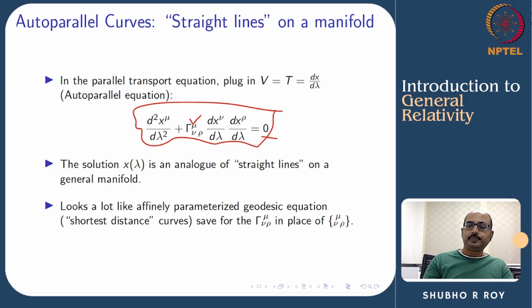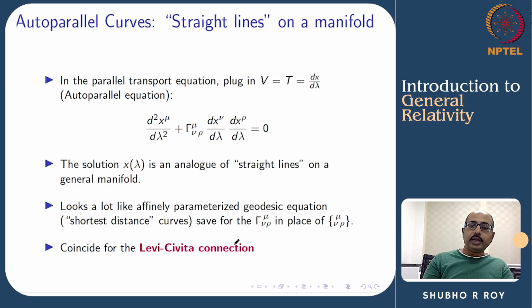Let me remind you that the connection is non-unique. For a given manifold, if you have a connection, you can always add a (1,2) rank tensor to it, and it will be an equally good connection. But among all those infinite sets of connections, there is a very special, unique one called the Levi-Civita connection, in which this becomes equal to the Christoffel symbols. Then the equation for a straight line or autoparallel curve will be the same as that of a shortest distance curve.